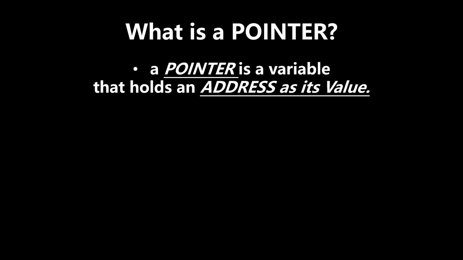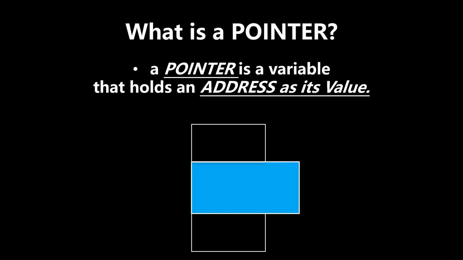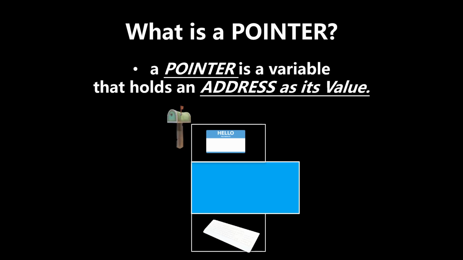I think it's fair to very quickly do a review of pointers. And what have we said pointers were? A pointer is a variable that holds an address as its value. And see here in a memory model, you've got the name, the type, its own address, but a pointer holds the address of another variable.